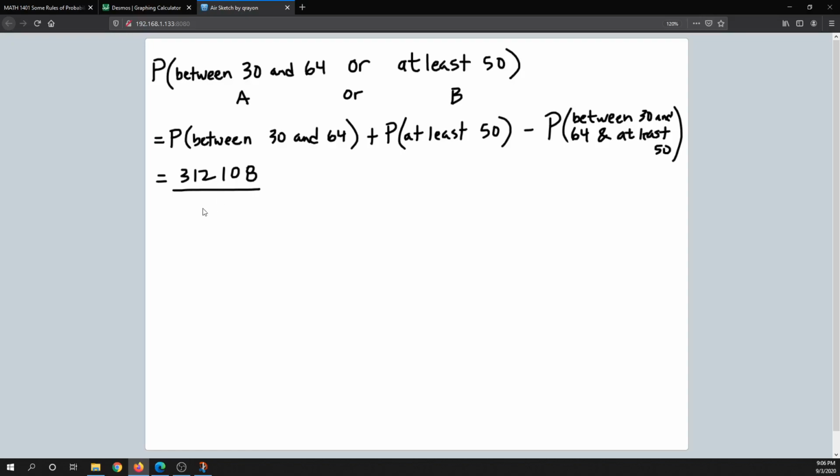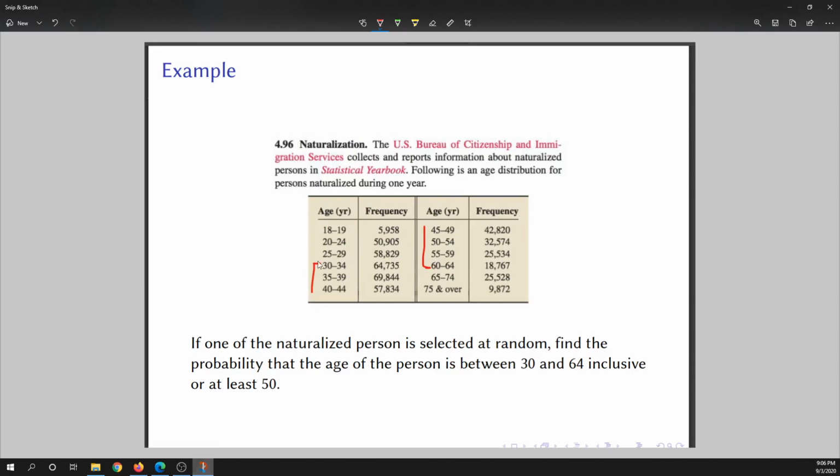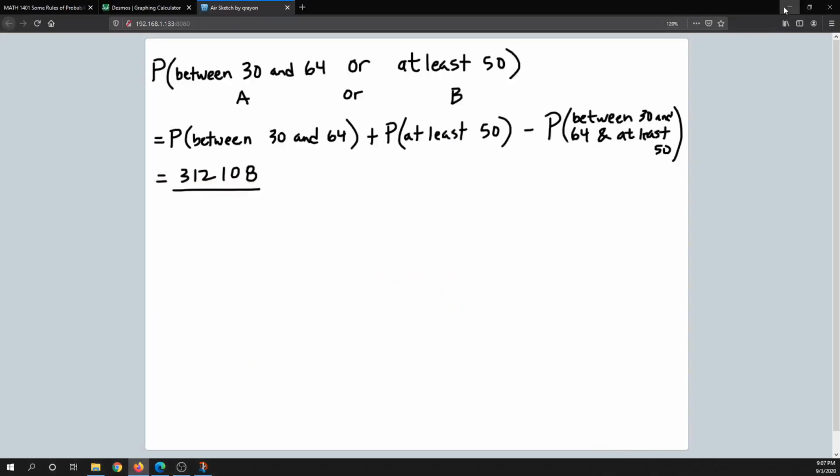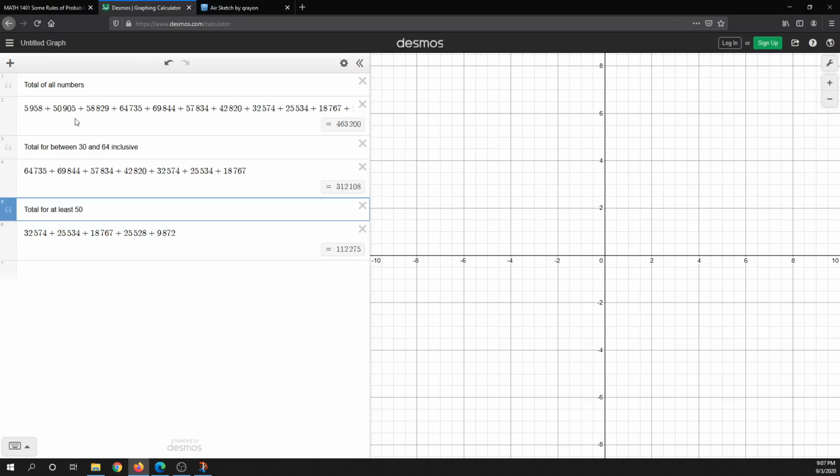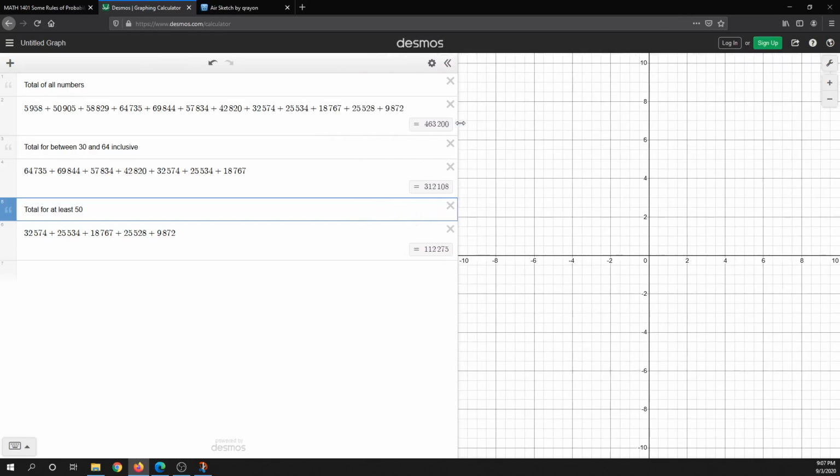So the next thing I would need to do is get the total number of people in my sample space. In order to do that, I would add up all of the numbers. Starting here, 5,958, add all of these numbers up. And again, just to speed things up a little bit, I've already done that up here. So you can see I've added all those numbers up.